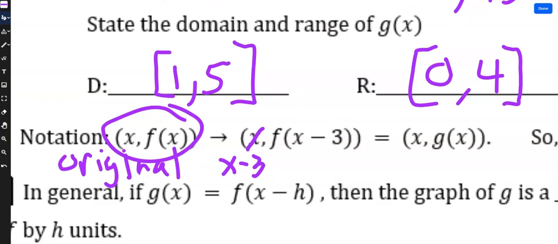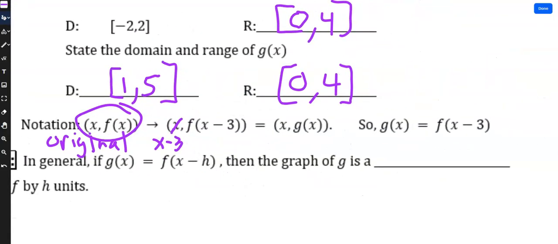That x should not be an x, it should be an x minus 3 because we are shifting this thing to the right 3 units. Wait a sec, I gotta think about this again. Okay, I figured it out. It's correct. This is the new y value, and the new y value they're calling g.